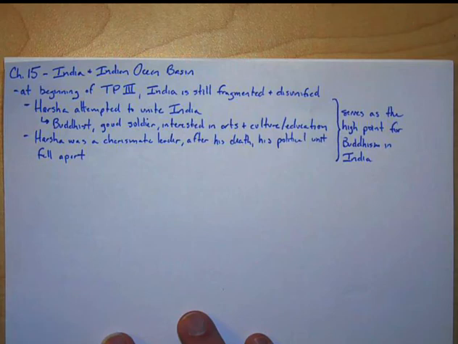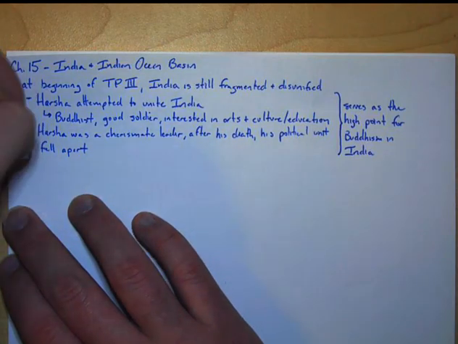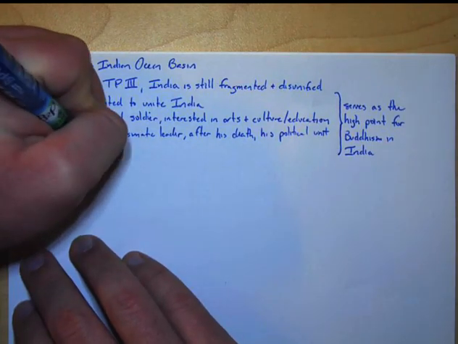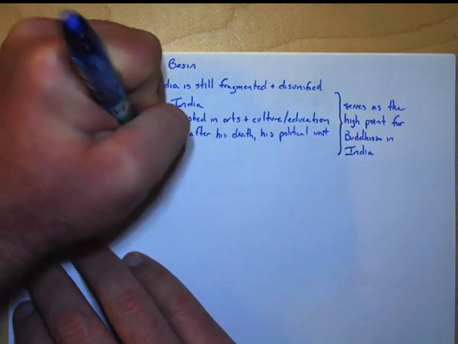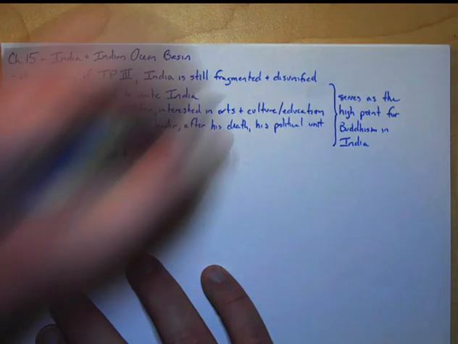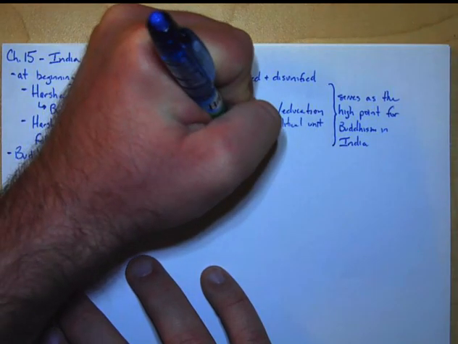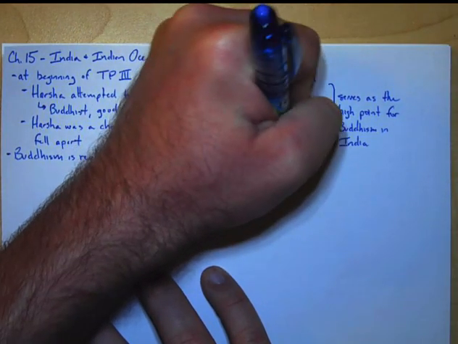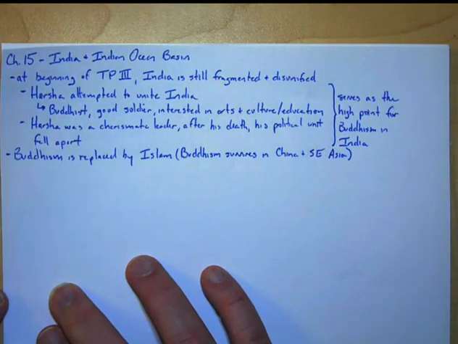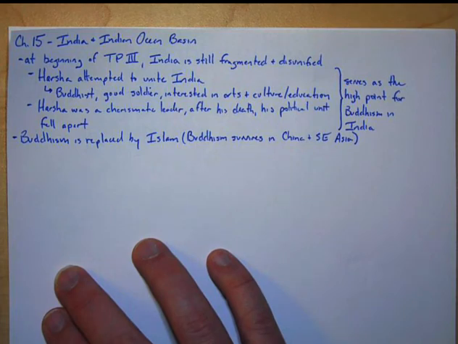And we're going to see that over the course of today's video. Buddhism is going to be replaced by Islam. Remember, Buddhism will move on. Buddhism survives in China and Southeast Asia. But it's replaced in India by Islam.